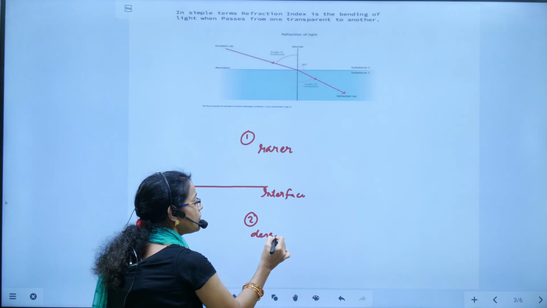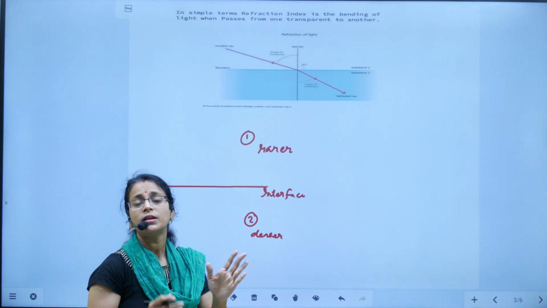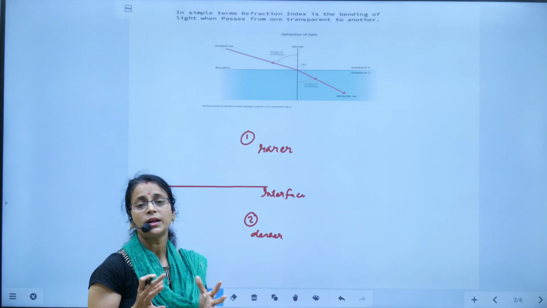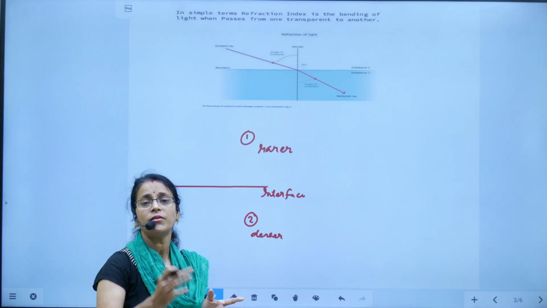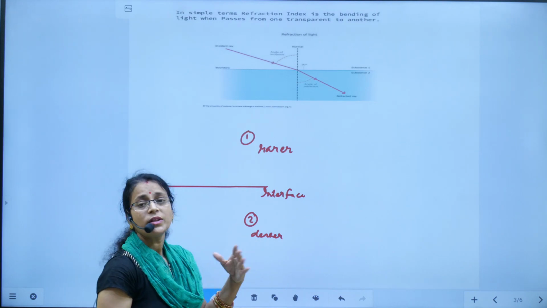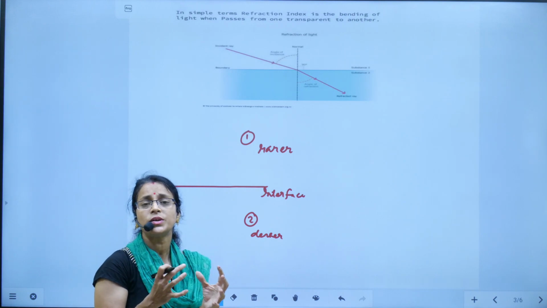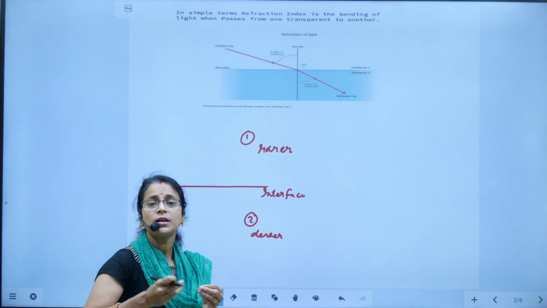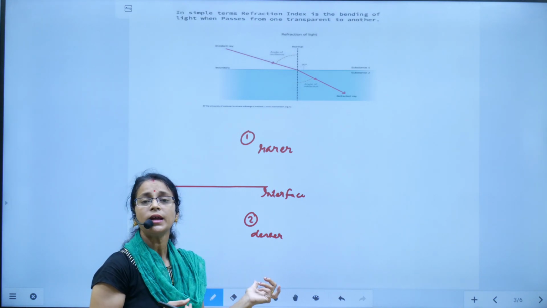Rarer means its optical density is less, so the light can travel easily through the medium. That means the particles inside that medium are very far from each other, so light can travel very easily with a very fast speed. In a denser medium, the particles are very close to each other, so the light cannot travel with ease, and the speed of light will be less there.